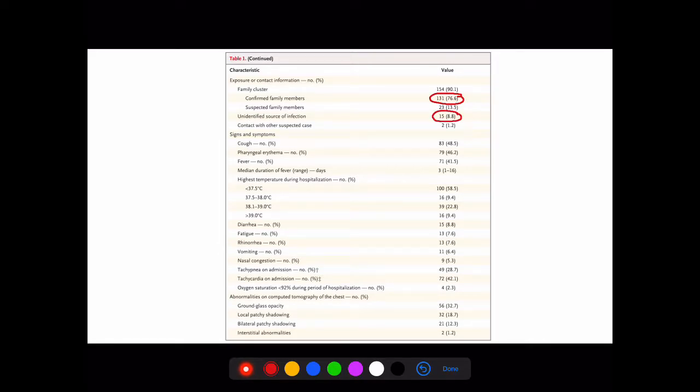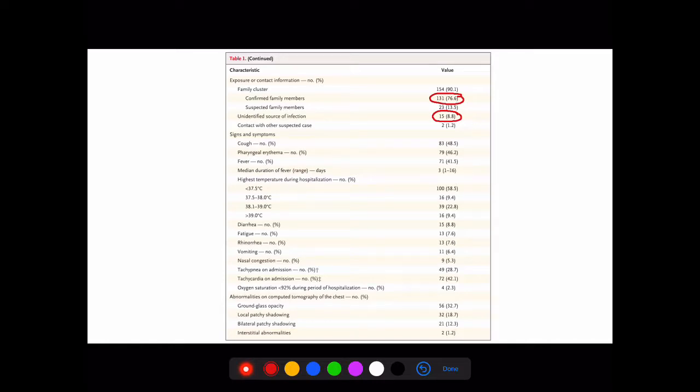So we don't know how they picked it up. Might be droplet, fomites, you never know. And very few, 1.2%, had contact with another suspected case, where we thought that they might be harboring the virus because they had mild symptoms, but we didn't have any data about those.